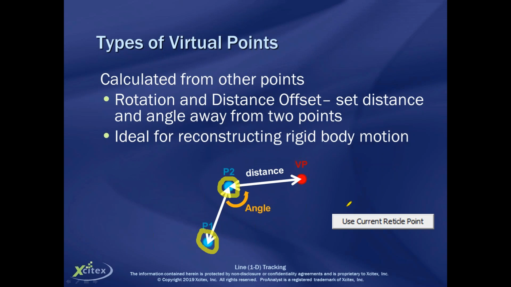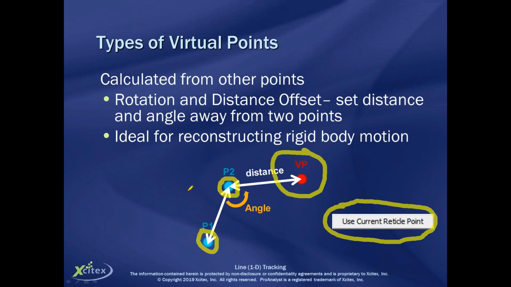And what you do is you use your current reticle point to set your offset virtual point here. And then in this way, as these points are manipulated and as they move laterally around the field of view and around the plane that is calibrated, your virtual point will stay in the same relative position.